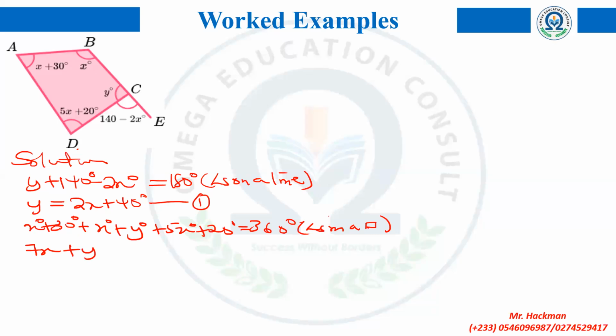Then let's go and look at the numbers. 30, 20, that will give us 50. Then we'll move it to this side. So it will be 360 minus 50, and that will give us 310 degrees. Don't forget. Very good. So you can call this your equation 2.